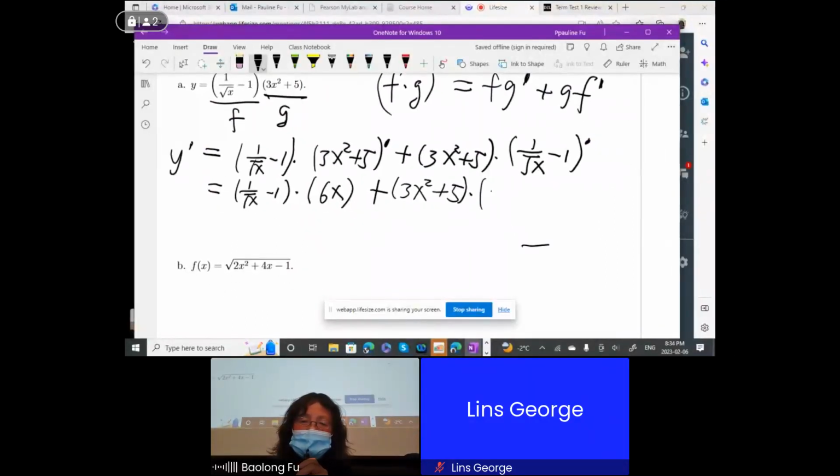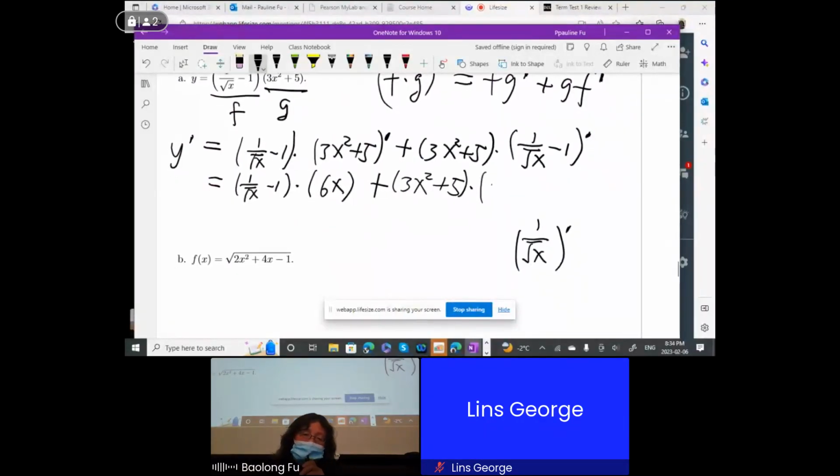What is the derivative of this guy? 1 over square root of x is x to the negative 1/2.